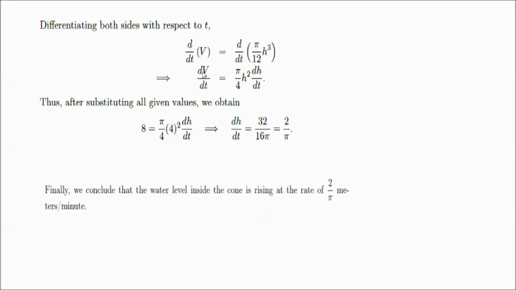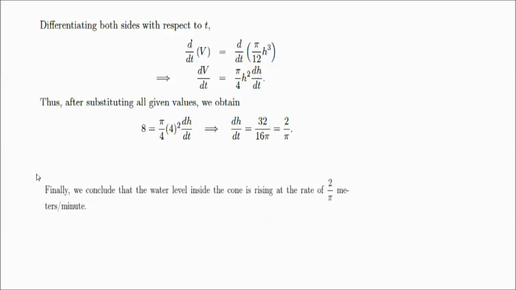Ngayon, derive. So dv over dt, constant yung pi over 12, derivative ng h cube is, ay, so kapag dinerive ito class, 3h squared, di ba? And 3 over 12 is 1 over 4. Kaya merong 4 doon. 3 minus 1 is 2. Kaya h squared. Ngayon, isub na yung mga given.